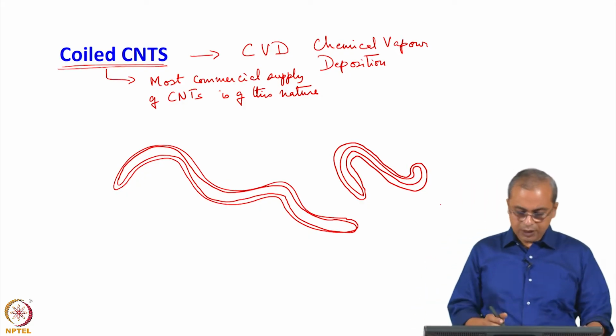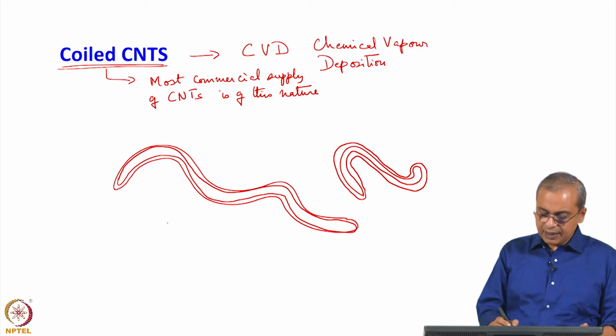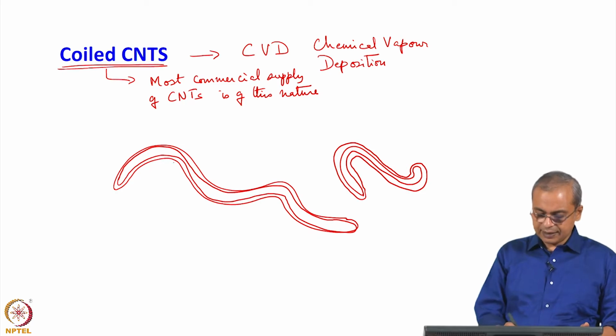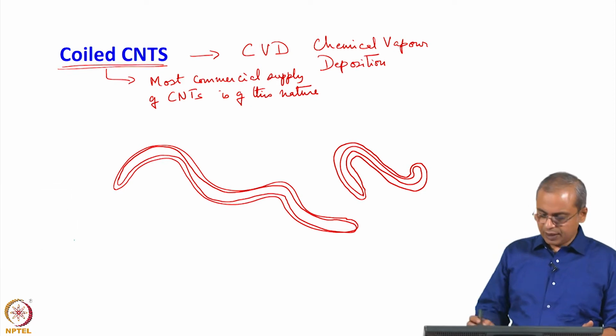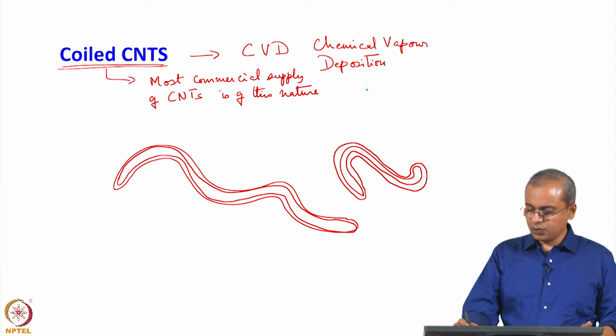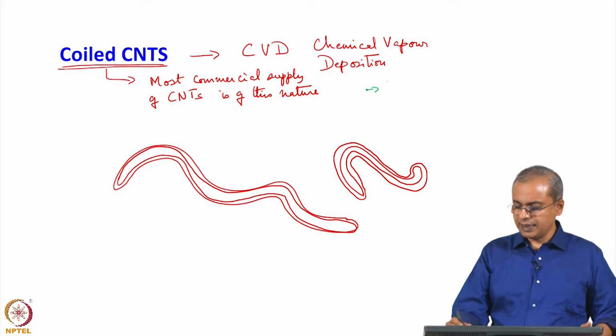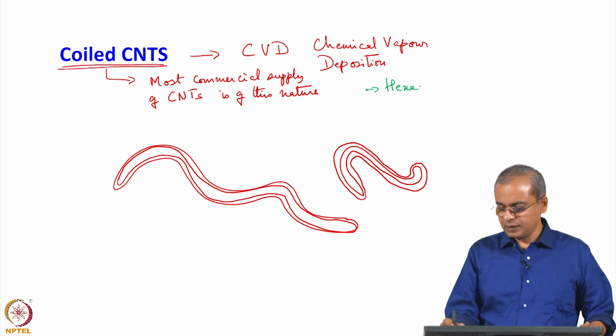That has to do with the fact that the walls of this tube typically consist of hexagonally bonded carbon atoms.